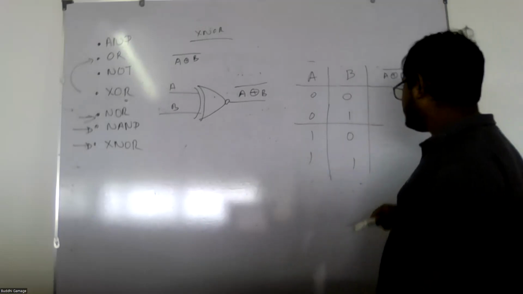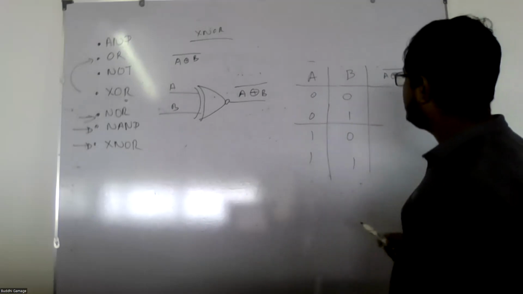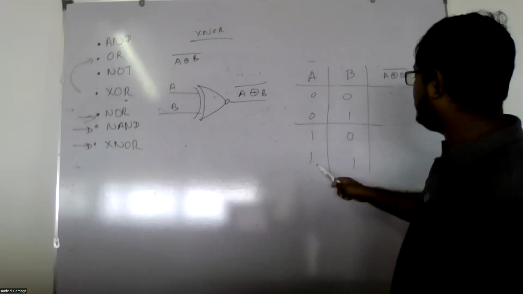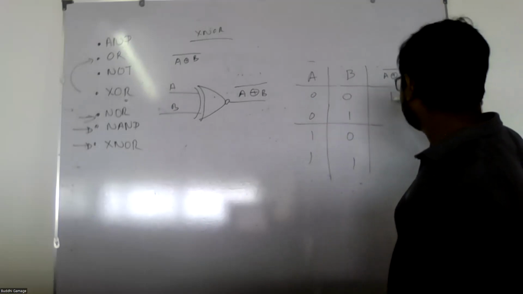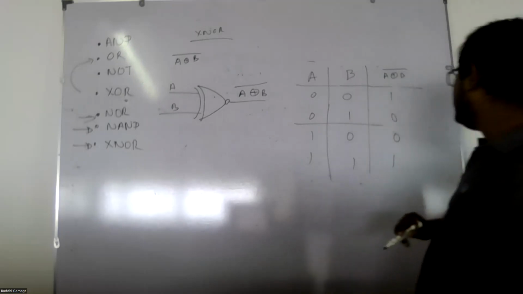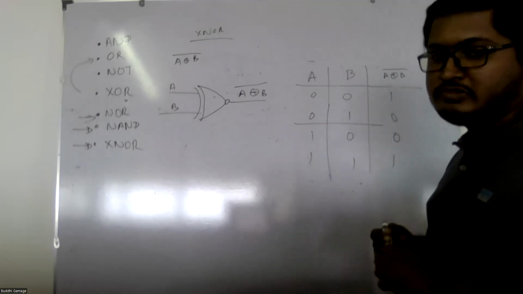In this way, the output is true when both inputs are equal. That is, if both are 0, 0 or 1, 1, then it goes to true. And if they are different, then it is 0. This is the logic here.